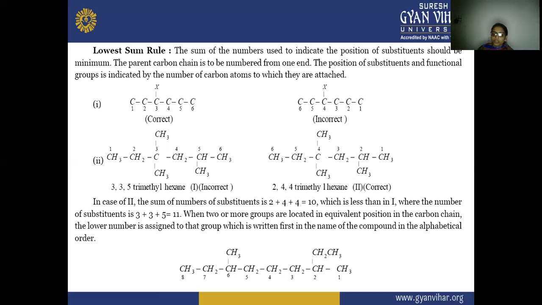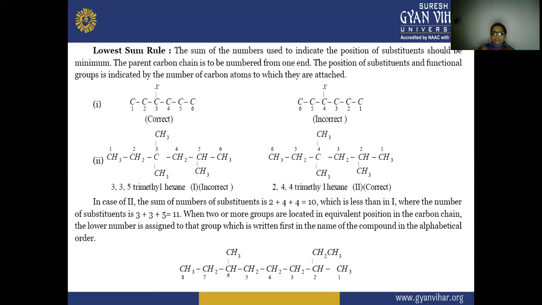And if we number from the left side, then it is at number 3. So 3 is the lowest number, the lowest sum. That is why the first one is correct.